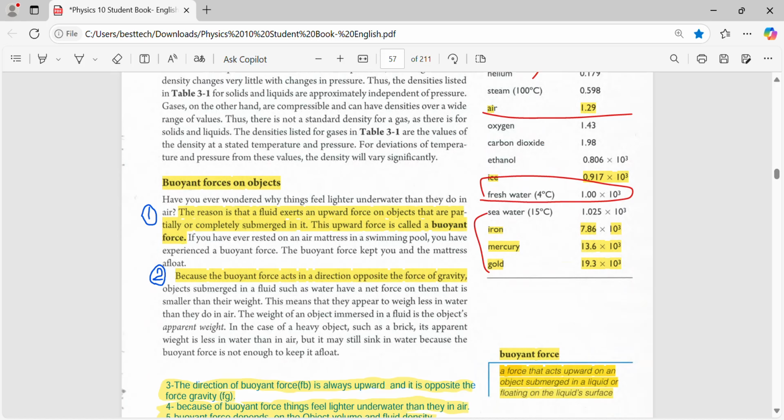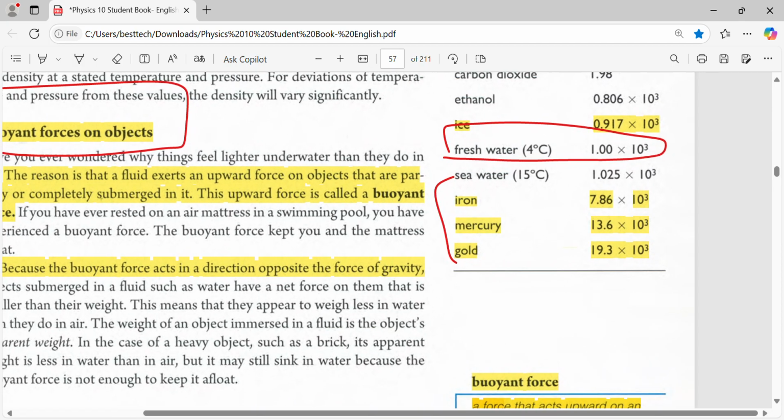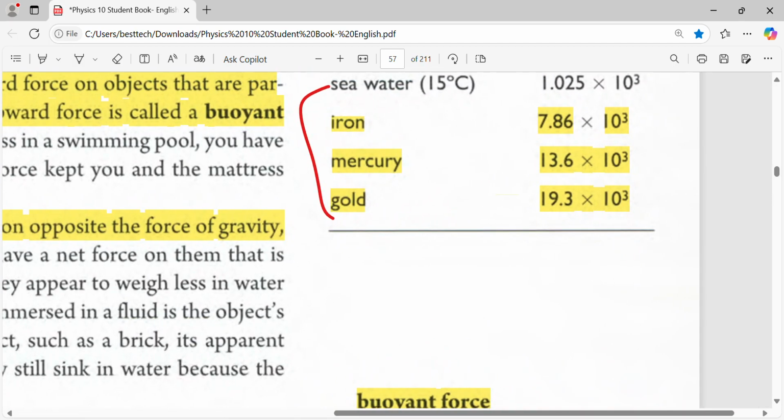Guys, we have an important topic. It's called buoyant force of an object. What's the meaning of buoyant force? It's a force that acts on the object. Look, let me explain. Imagine here is water, and this is the surface of the water.